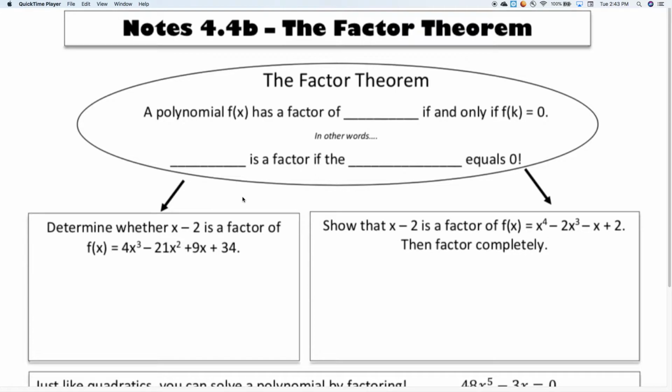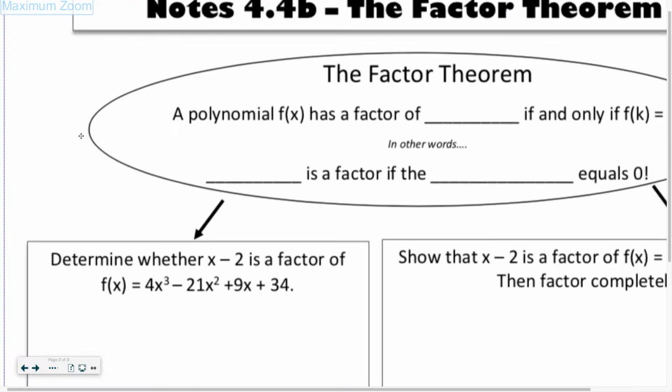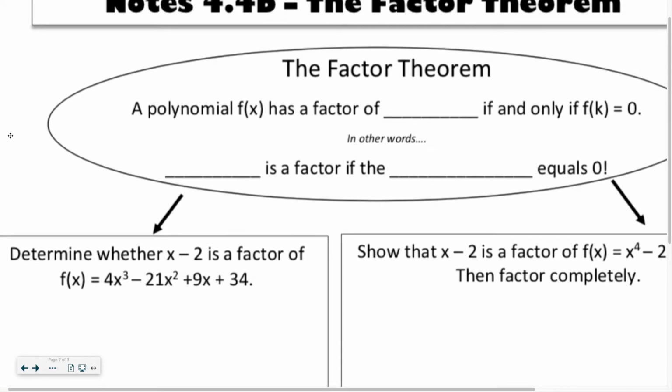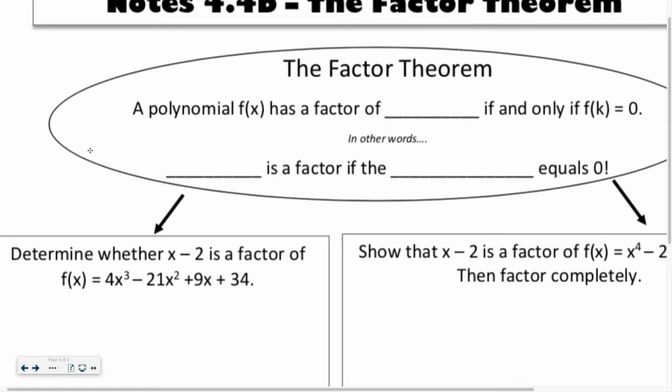And the factor theorem says, let's see if I can zoom in at all. A polynomial has a factor of x minus k. Could you imagine x minus k in a group of parentheses?